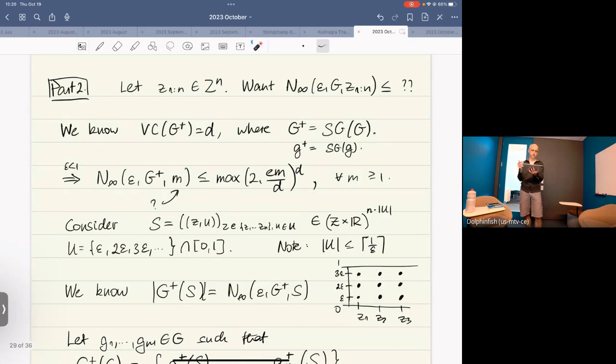Sauer's lemma. For epsilon smaller than 1, it gives you that for any m, the uniform covering of G plus is just like a VC class. This dimension D is upper bounded by this quantity.